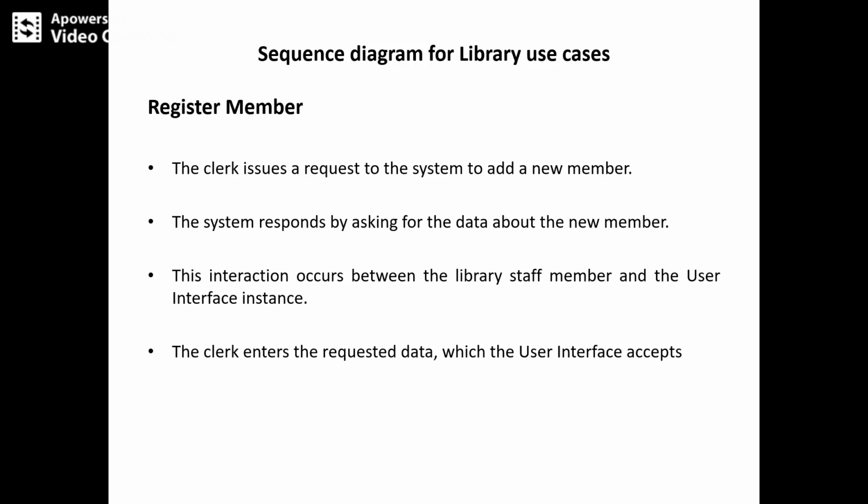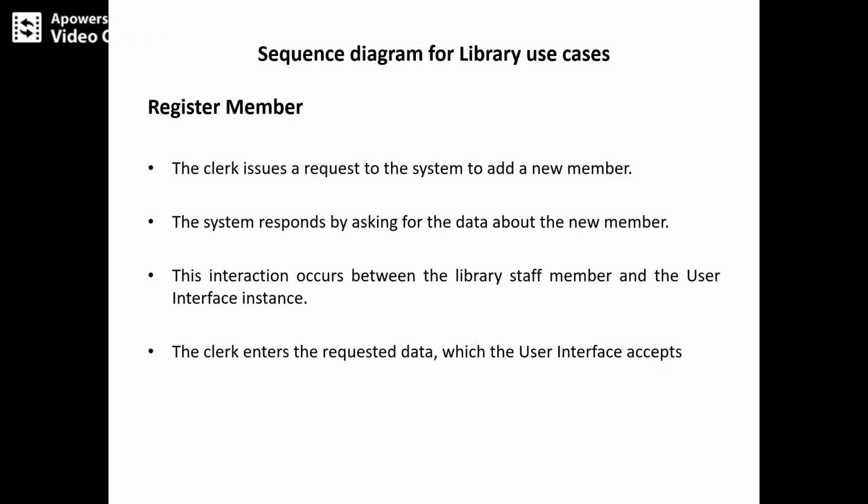In the table-wise discussion for registering a member, we saw the actions performed by the actor and the particular response from the system. The same thing we need to take sequentially, one by one, and that is called a sequence diagram. So here, for register member, the clerk issues a request to the system to add a new member. This is the initial step.